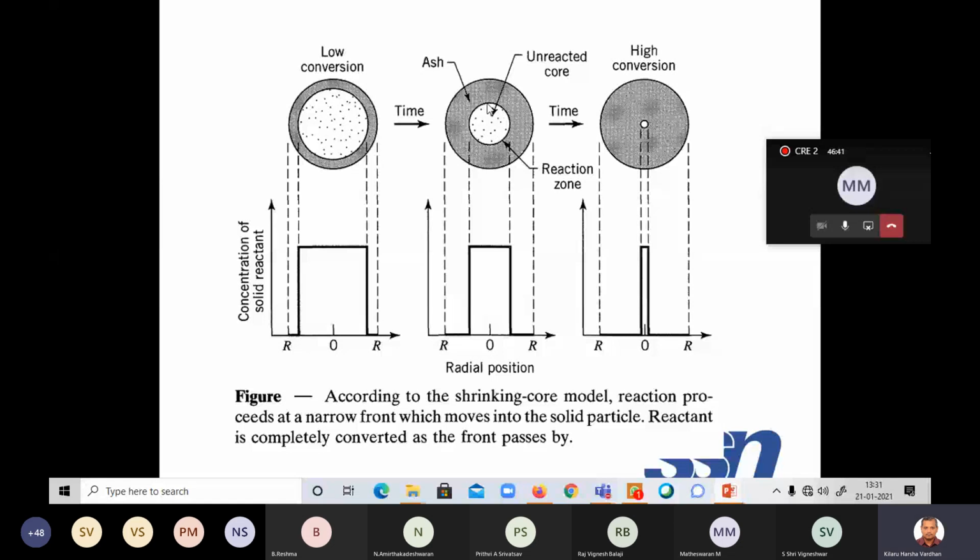If there is no oxygen at this particular level, if the oxygen is only on the outer surface, then this firing will get stopped. It won't get burnt at all. Therefore, the rate of reaction, that is the burning, will depend on how much mass is being transported across this particular ash layer. That is why mass transfer takes an important role.